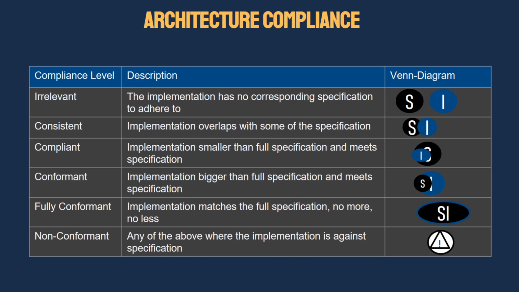Compliant is when the implementation is similar to the full specification and meets the specification. Conformant is when the implementation is much bigger than the actual specification, but it still meets the requirements of the specification.